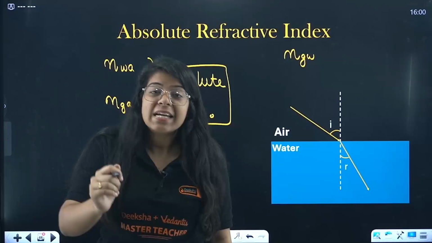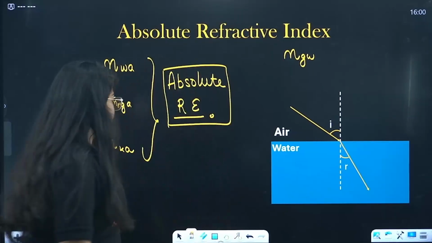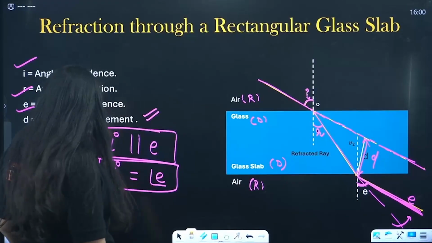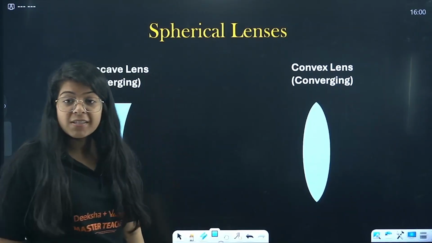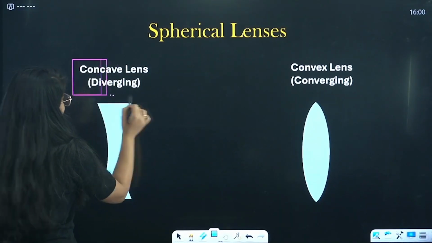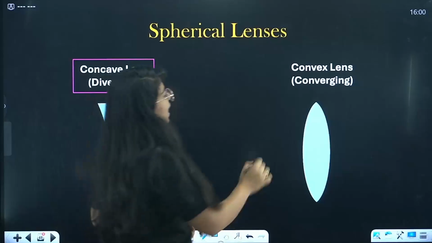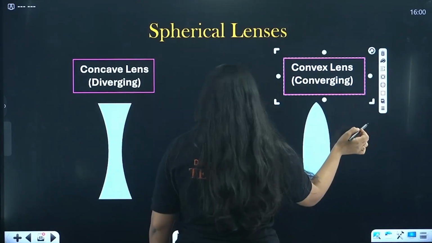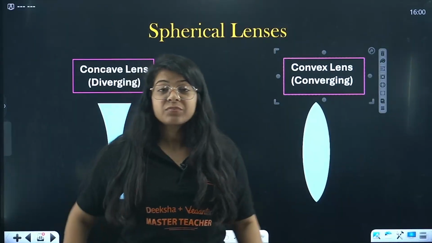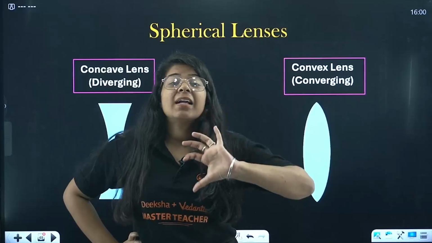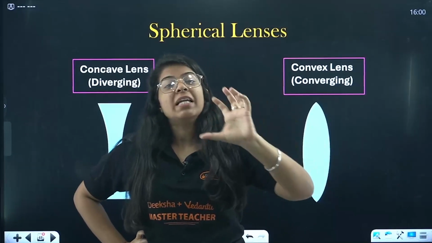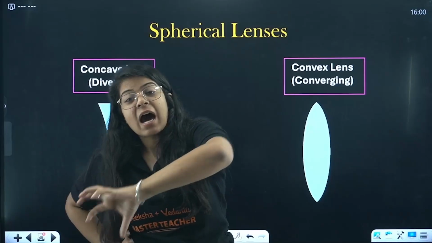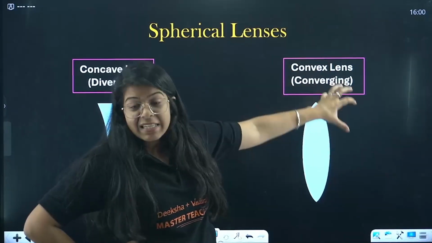Okay, these are mostly the basics of your refraction, basics of the optical instrument that we are going to study next. That is, beta, your lenses. Now again, we have two kinds of lenses, just like your mirrors. We have concave lens and, beta, we have convex lens. Now we know that these are reverse of your mirrors. That means all the properties of concave mirror are now with convex lenses.